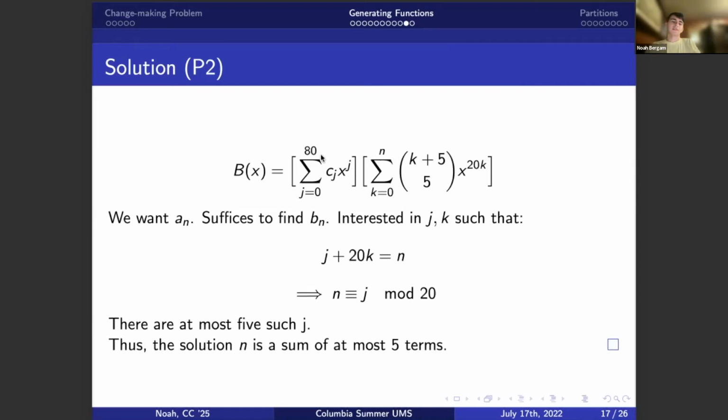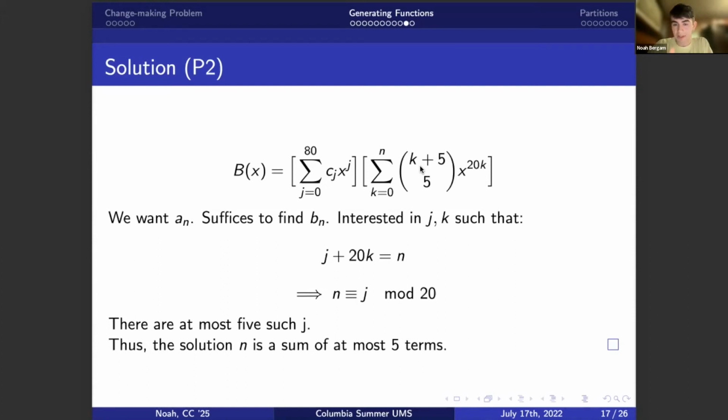And the reason that makes sense is because we're interested in all the ways that we can add up different combinations of these two to add up to something of x to the n order, right? And the way we do that is if this j and this 20k add up to n, essentially. And there can be multiple ways of doing that.